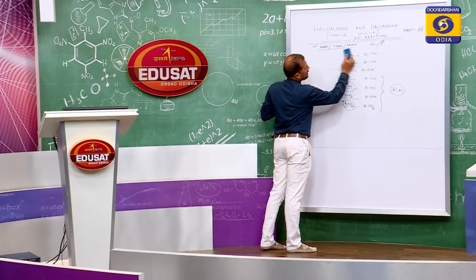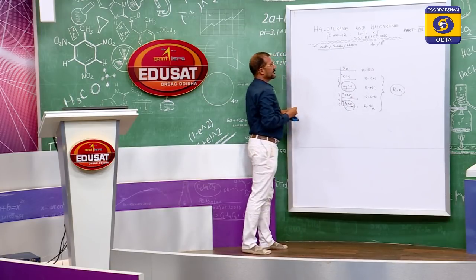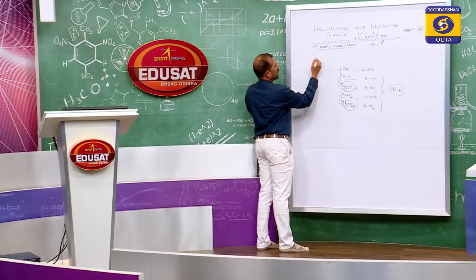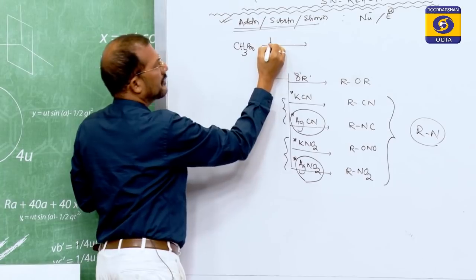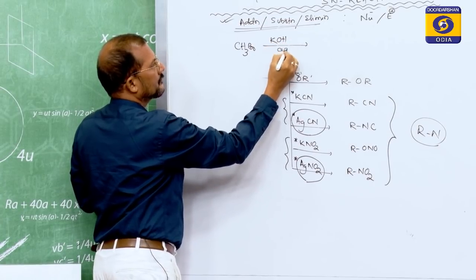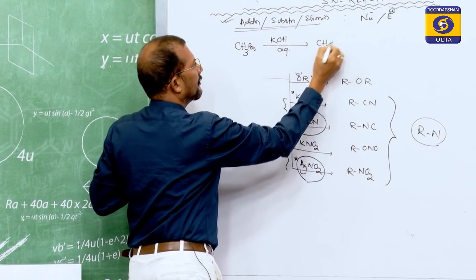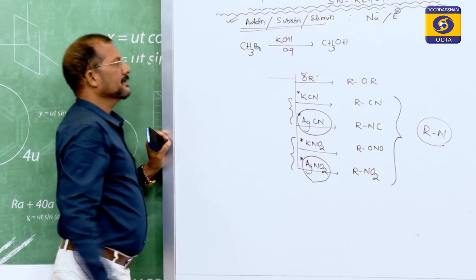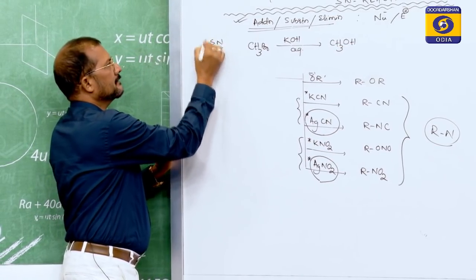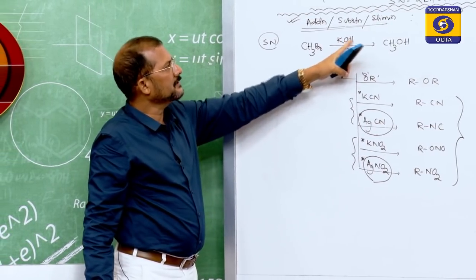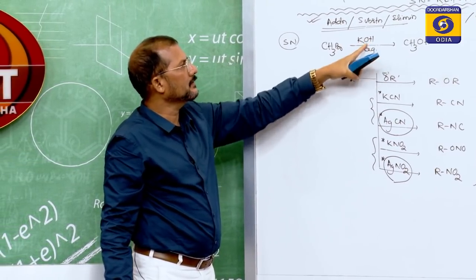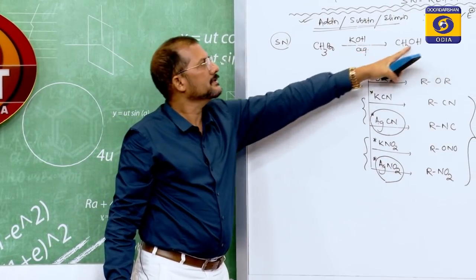Let us discuss this reaction first. Suppose methyl bromide is there. Methyl bromide with aqueous KOH produces methyl alcohol. This is a nucleophilic substitution reaction. Aqueous potassium hydroxide, aqueous sodium hydroxide, any aqueous alkali produces this product.